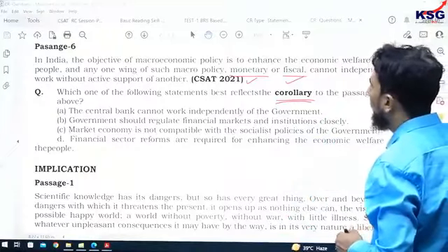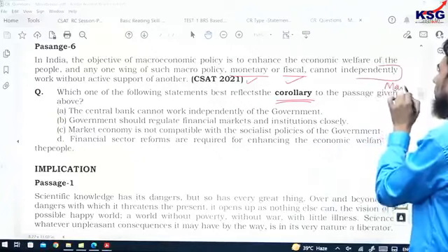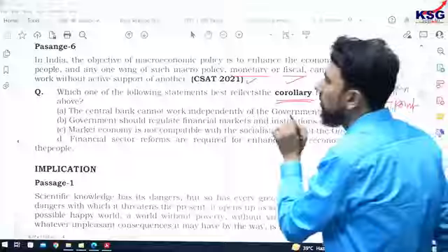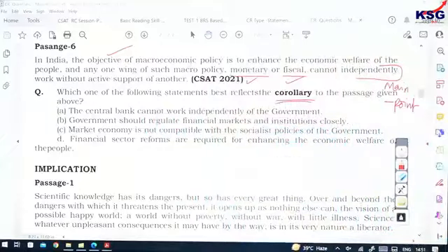Corollary you have to identify. Of course, the last line, the second line, seems to be making the author's main point. Because the first line only mentioned that in India the objective of macroeconomic policy is to enhance the economic welfare of the people. But how will it work? There the author's formula is written.